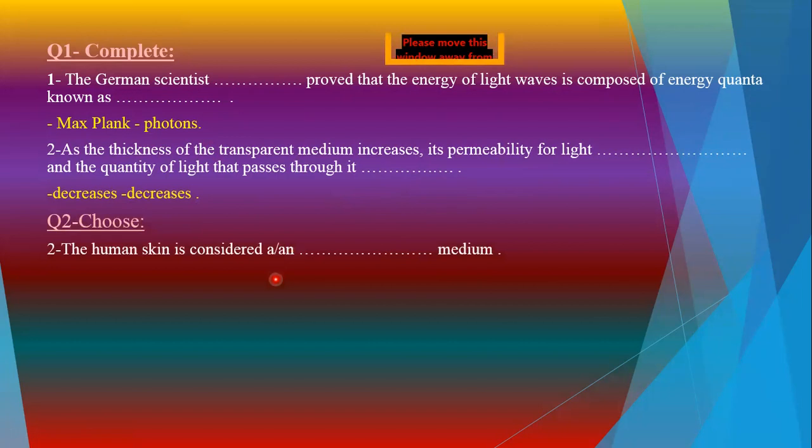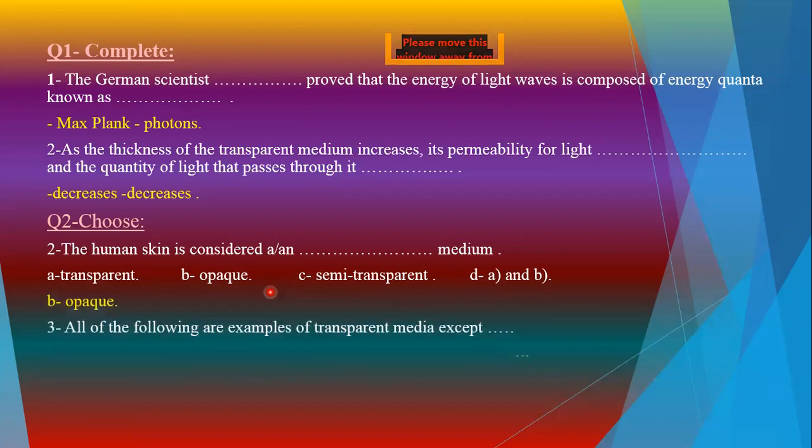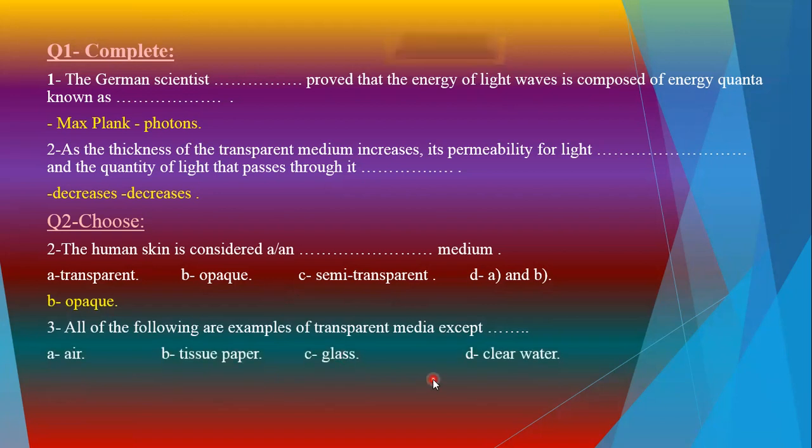The human skin is considered an opaque medium. طبعا هنا human skin opaque medium because we cannot see objects through it. All of the following are examples of transparent medium except air, tissue paper, glass, clear water. طبعا هنا air, glass, clear water, transparent. الوحيد اللي is not transparent is the tissue paper.